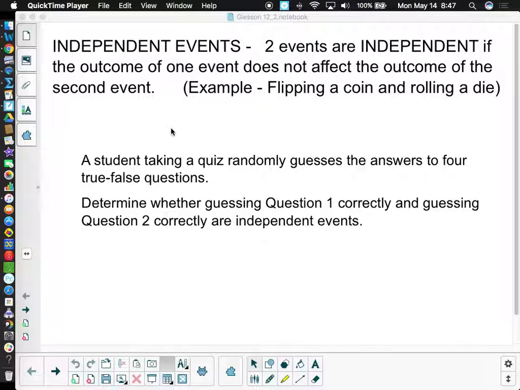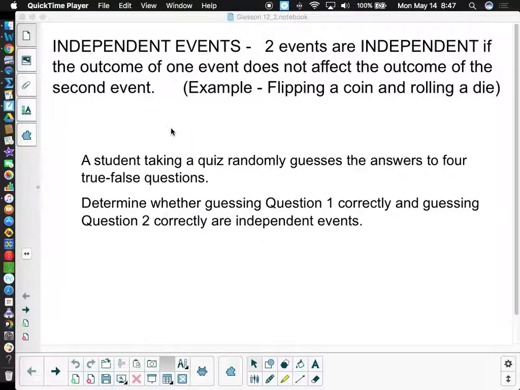So let's say we have a student taking a quiz, and they randomly guess the answer to 4 true-false questions. Does what they guess on answer 1 and what they guess on answer 2, are those independent events or dependent events? Are the two guesses independent or dependent? The way to think about this is, they have a 50-50 shot on question 1, and question 2 is exactly the same thing.